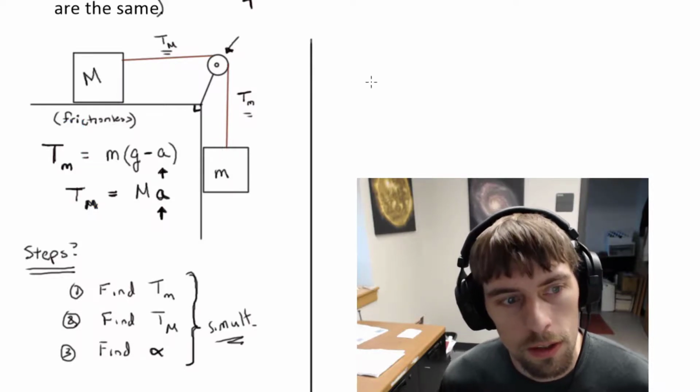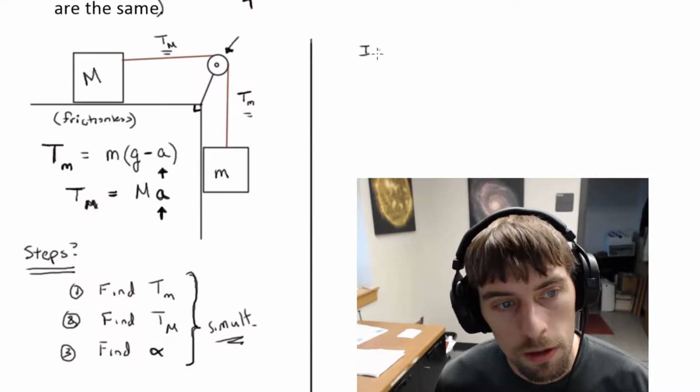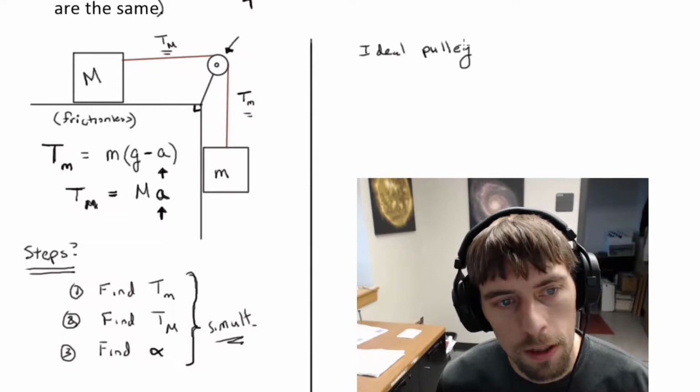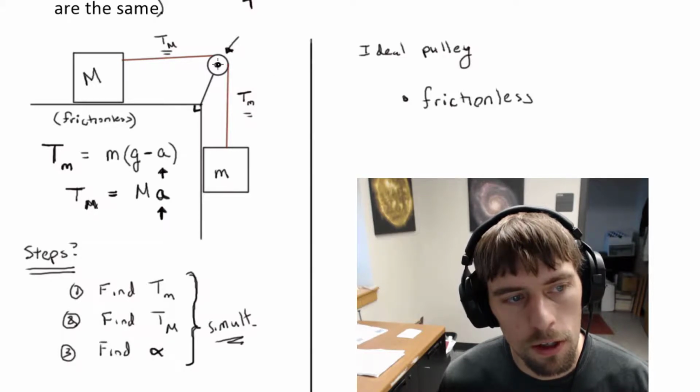If you set those two tensions equal to each other, you are assuming an ideal pulley. And if you recall, what were some of the ideas about ideal pulleys? So one of them, frictionless. We'll still use that. We'll assume that the pulley does not feel any friction about that axis that I've drawn.